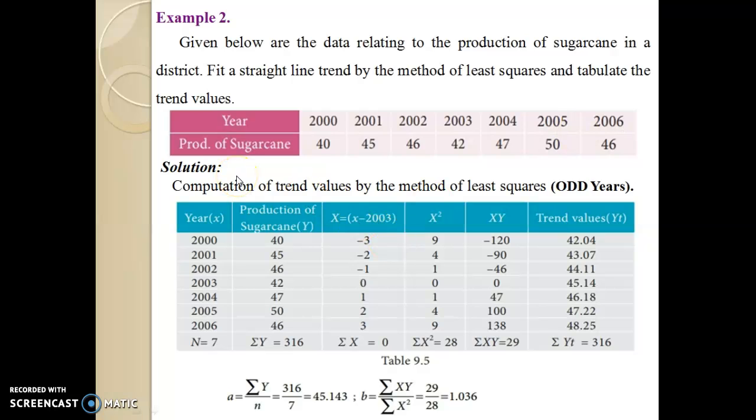As per the procedure, similar to the previous example, first we will calculate the value of year and production of sugarcane, where n is equal to 7, summation of y is equal to 316, x square is 28, x into y is 29, and t is time. a is equal to 44.153, and b is x into y, 29, divided by 28.